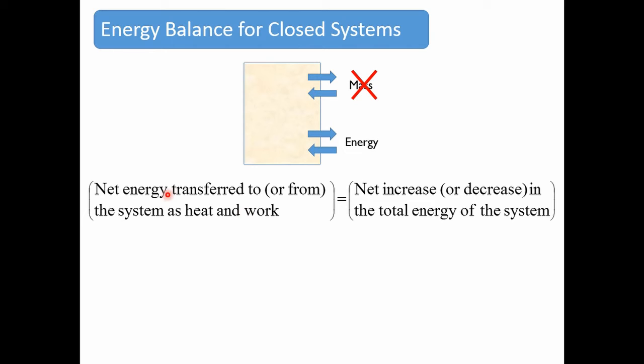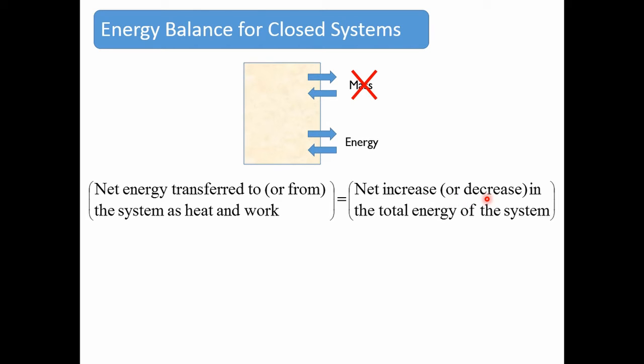Net energy transferred to the system as heat and work is equal to the net increase in the total energy of the system. It is obvious that if you supply heat and work onto the system, its energy content must be increased. If it is transferred from the system, then the energy content must be decreased.